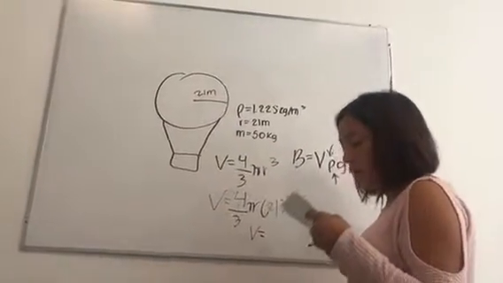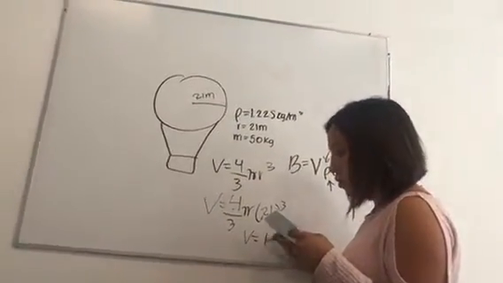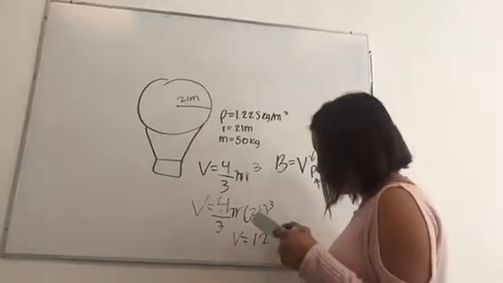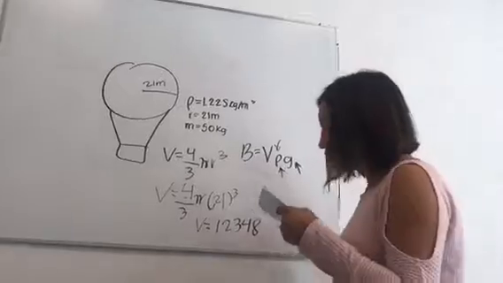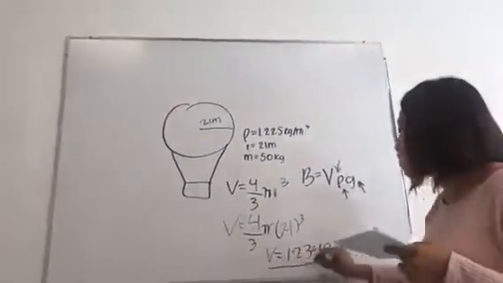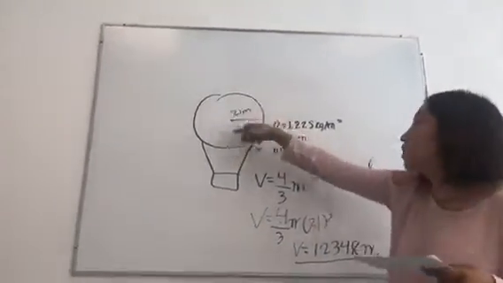The volume is going to be 12,348 pi. That's your volume of this part.